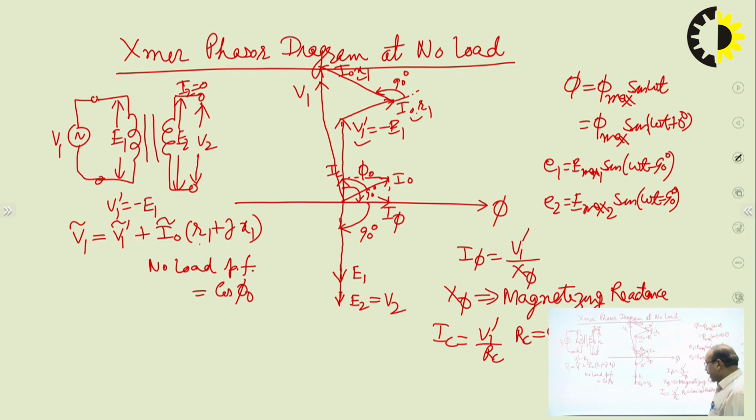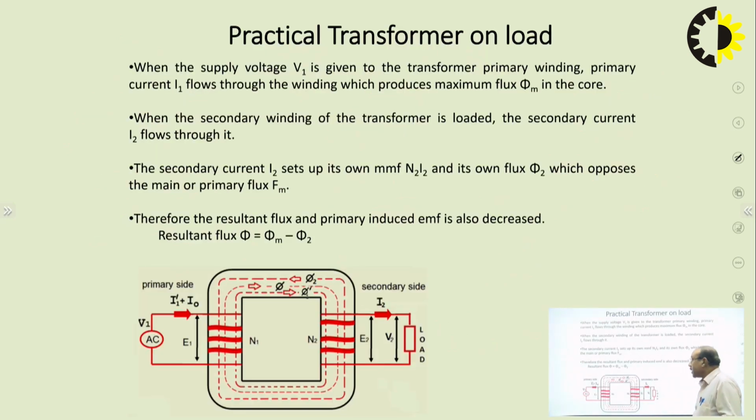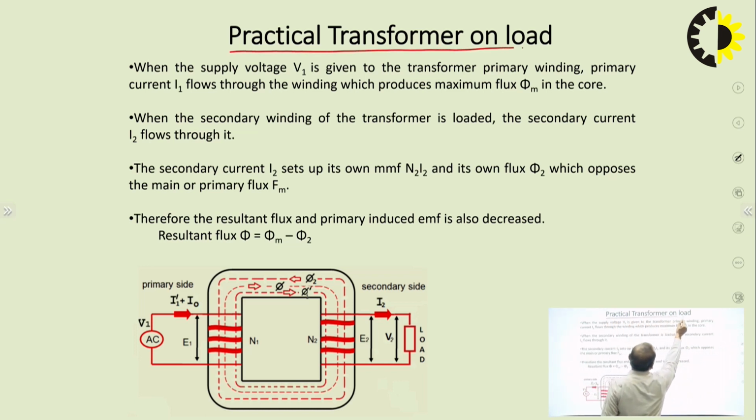What changes will we see now? When a practical transformer is connected with some load, that means the secondary side of the transformer is connected with a load, as shown in the diagram here. This is the load impedance connected to the secondary side, and this is the voltage supply connected to the primary.